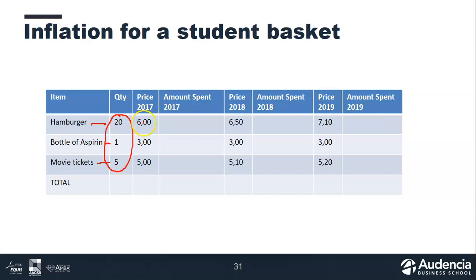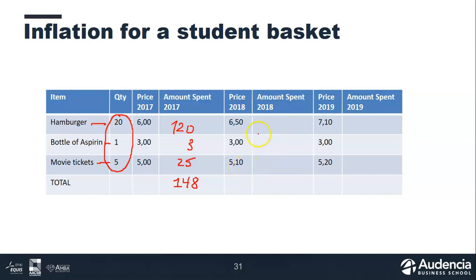If in 2017 hamburgers cost 6 euros, we buy 20, well, we spent 120 euros on hamburgers. A bottle of aspirin was 3 euros, and movie tickets we buy 5 at 5 euros each. That's 25 euros. So we've spent, unless I've done my math wrong, about 148 euros for the basket.